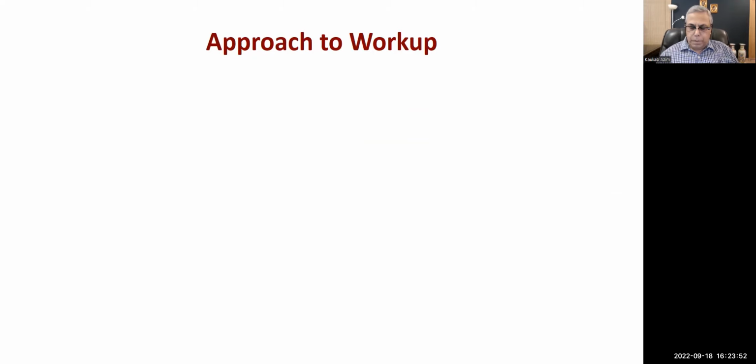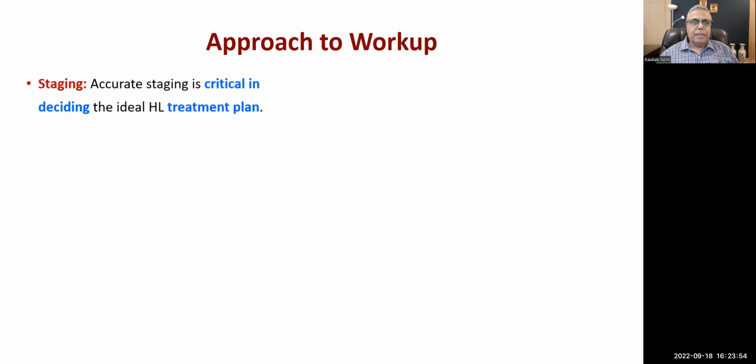Now, workup is important. I've said that staging is always important in all the cancers, and biopsies are important. So accurate staging is critical in deciding the ideal Hodgkin lymphoma treatment plan.